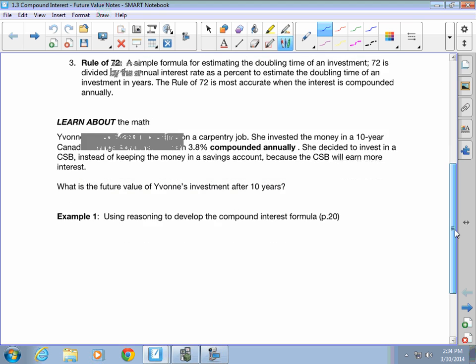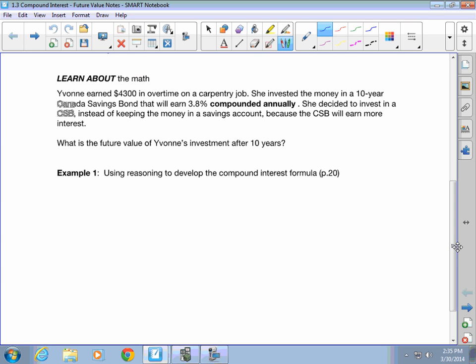Yvonne earned $4,300 in overtime on a carpentry job. She invested the money in a 10-year Canada Savings Bond that will earn 3.8% compounded annually. So once a year, interest is going to be applied. She decided to invest in the CSB instead of keeping the money in a savings account because the CSB will earn more interest.